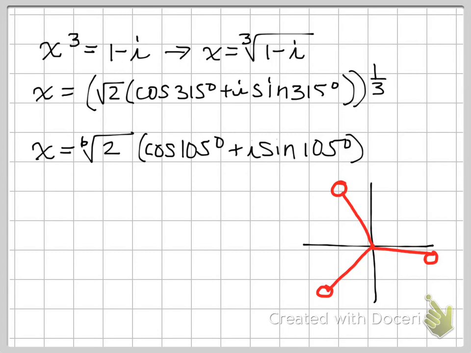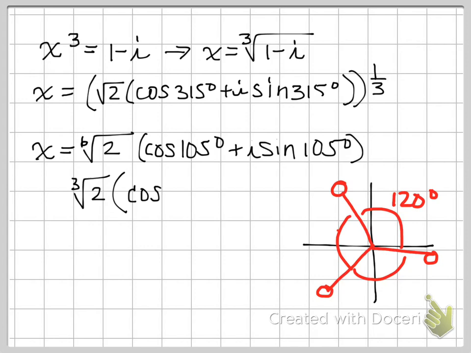And how do we find those? Well, they're evenly spaced, so I just add. If I have 360 degrees and 3 roots evenly spaced about it, they're 120 degrees apart, right? So I'm just going to add 120 degrees. So the second root, the second solution, is cosine plus 120.